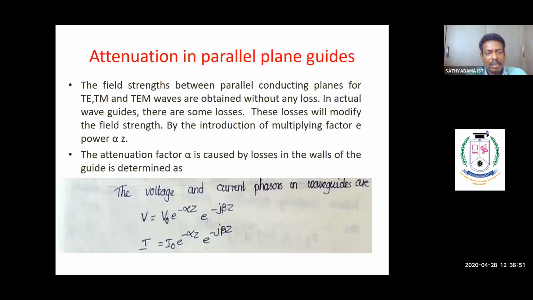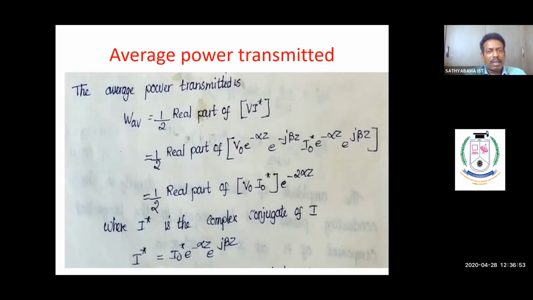Okay, right. So now we'll first calculate what is the average power being transmitted. If you know the voltage and the current, then we can calculate the power. So the average power of the signal that is supplied to the waveguide is 1 by 2 real part of the product of V into the current conjugate.